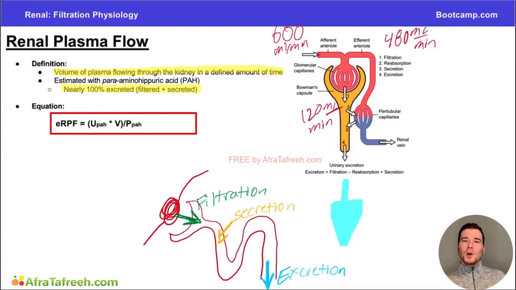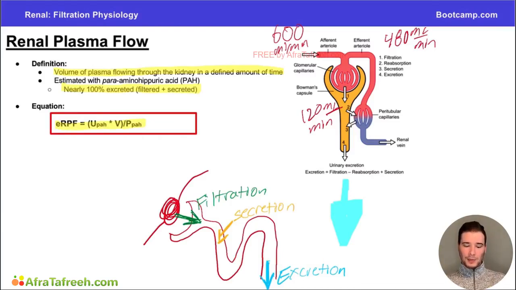Because however much of this molecule reaches the kidney, however much of the fluid, the solute reaches it, leaves the body, and thus we can measure it. We can measure how much we give somebody and how much actually leaves, and that's an estimate, although slightly an underestimate, of their actual renal plasma flow. The equation they'd like you guys to know for this is estimated renal plasma flow equals U of PAH times V over P of PAH.